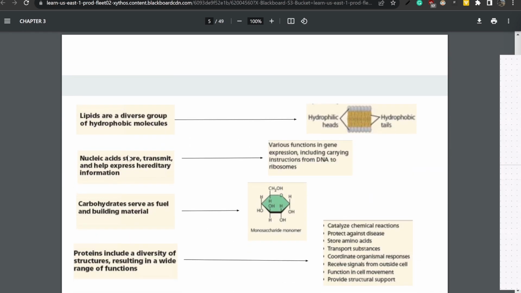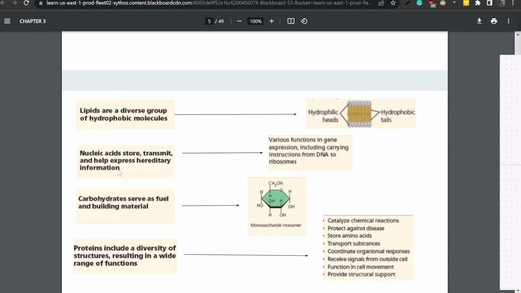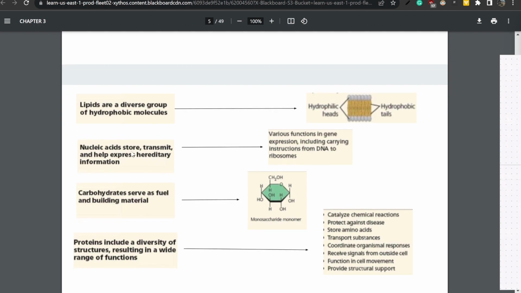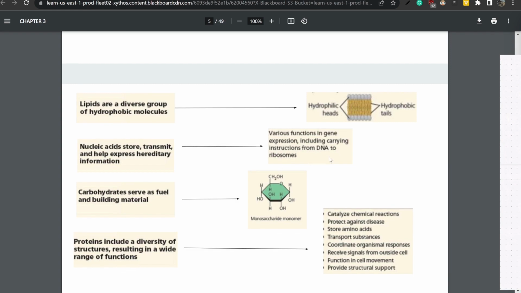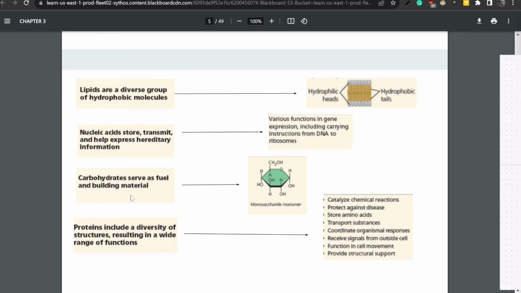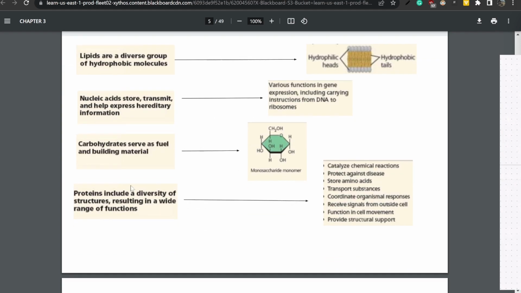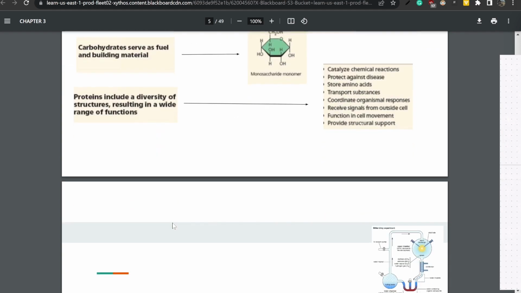Actually, no, let's see. Transmit? Where do nucleic acids transmit? Is it like gamete cells, diverse hydrophobic? I mean, these look pretty hydrophobic to me. I'm just kidding. Fuel, diverse structures. Okay, cool.